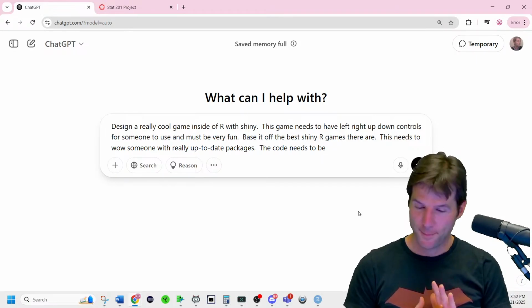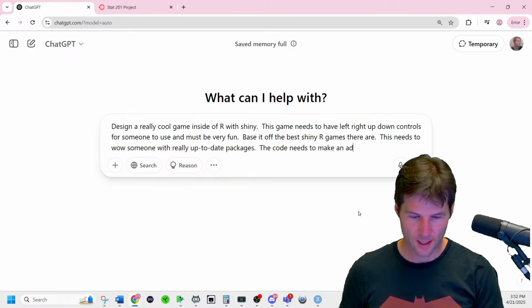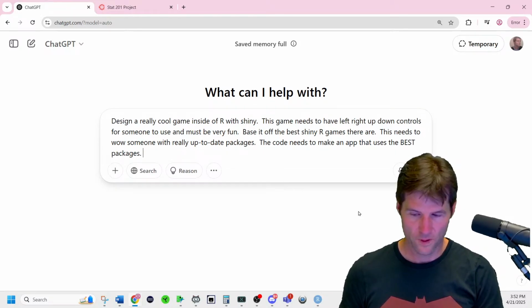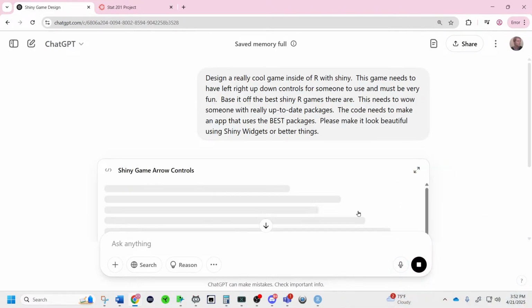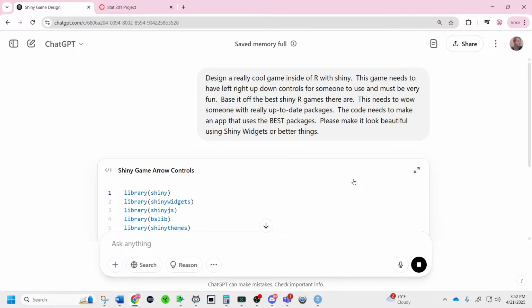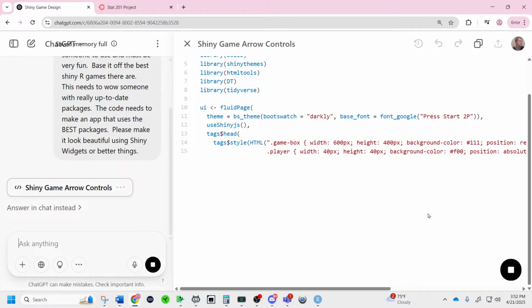Let's do it tomorrow. Needs to make an app that uses the best packages. Please make it look beautiful using Shiny widgets or better things. Okay, let's see what we got. You ready for this? Okay, what do we get? Shiny game, arrow controls. The point of the game is not to control arrows.